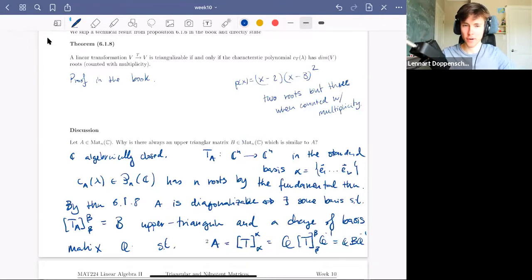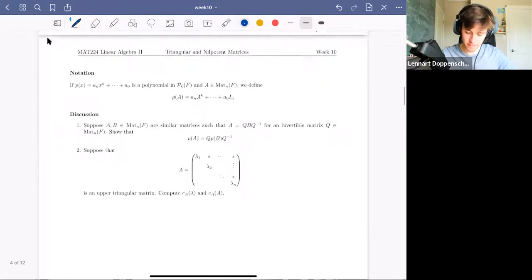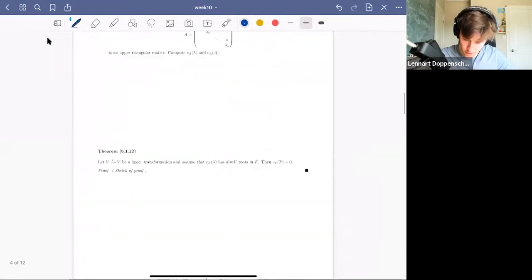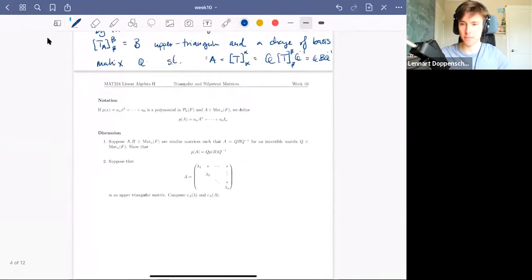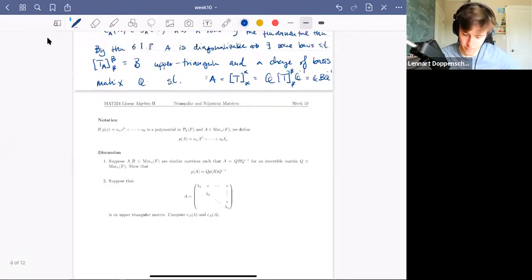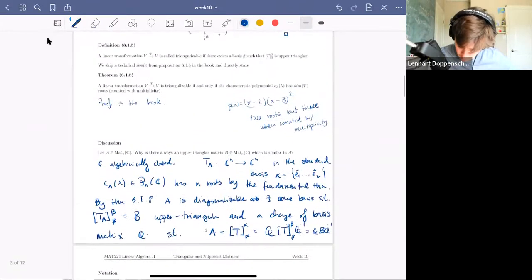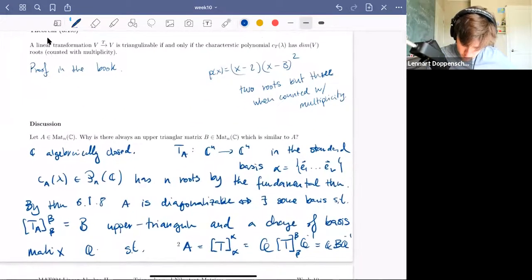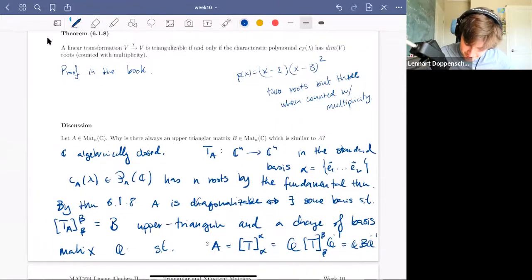Okay, before we take the break, let's see, it's page 3. So there's one more page in section 6.1. Oh, yes. It's so similar that I actually got confused myself.